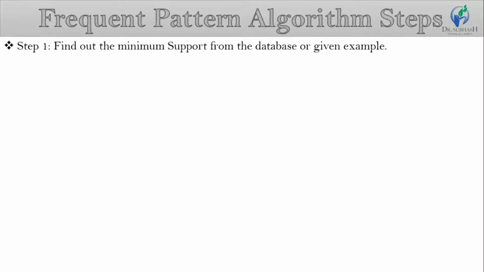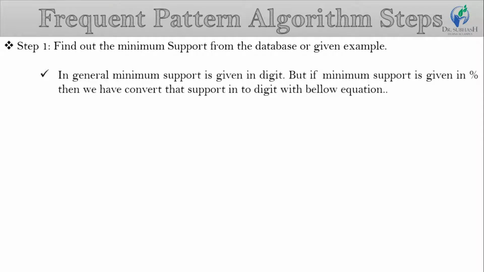So the first step is to find out the minimum support for the database. In general, minimum support is given in digits, but if minimum support is given in percentage, then we have to convert that support into digits with the below equation.